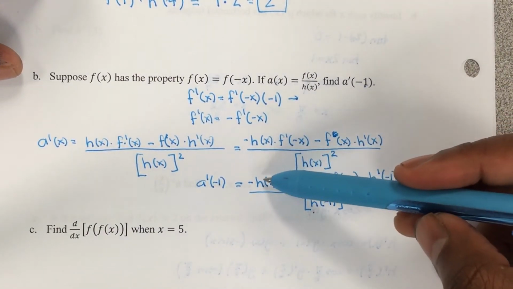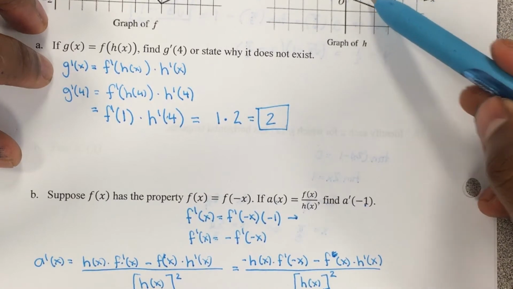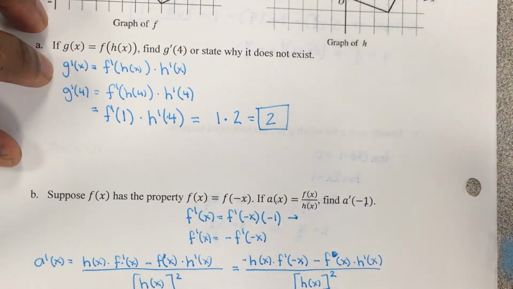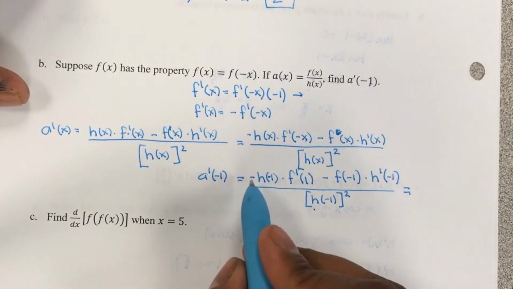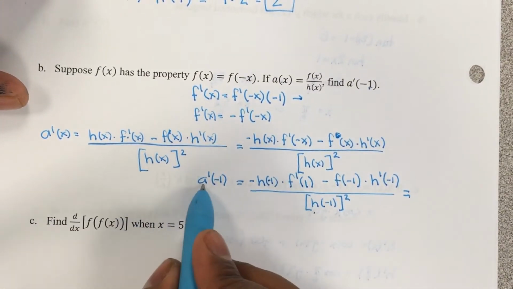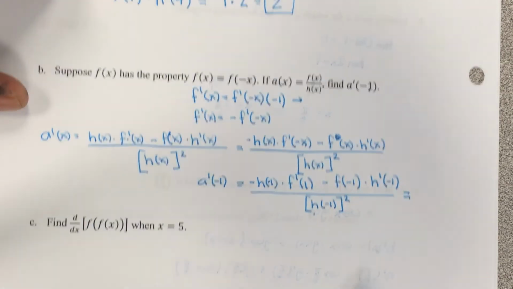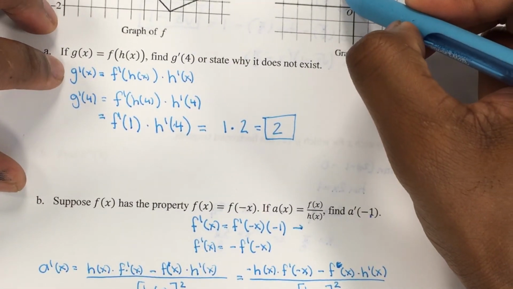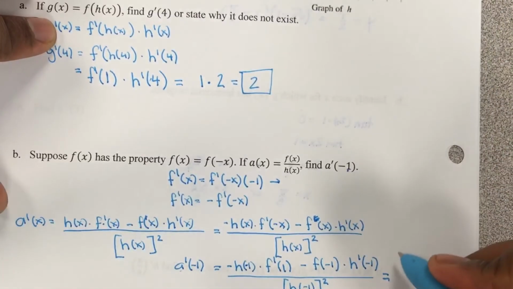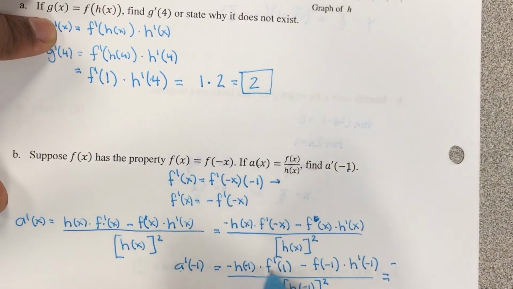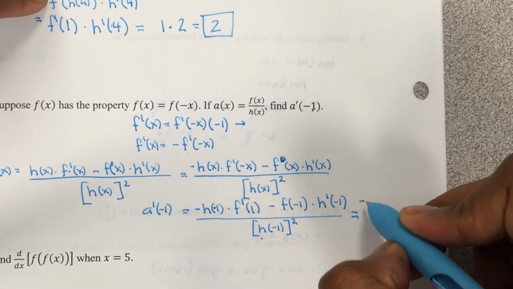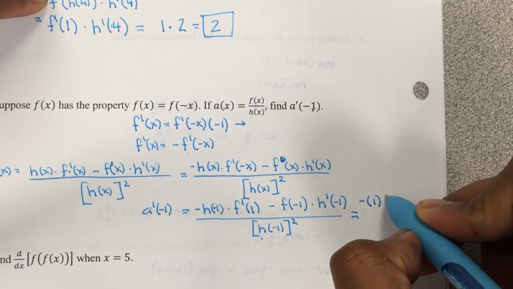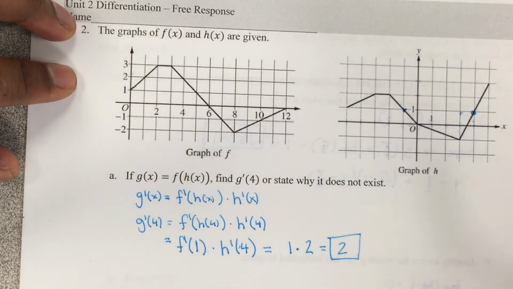Looking at our graph, it should be h of negative 1 because we're doing a of negative 1. So h of negative 1 is positive 1.